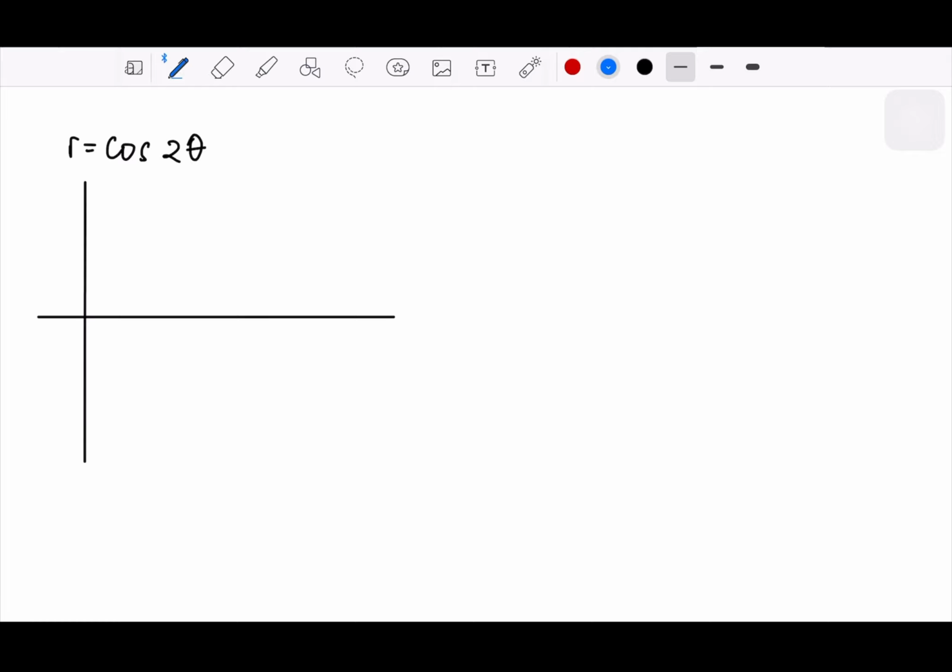Okay, maybe we can draw the original graph that is in Cartesian. So this will be the r, and this will be the theta. Maybe it's too small.